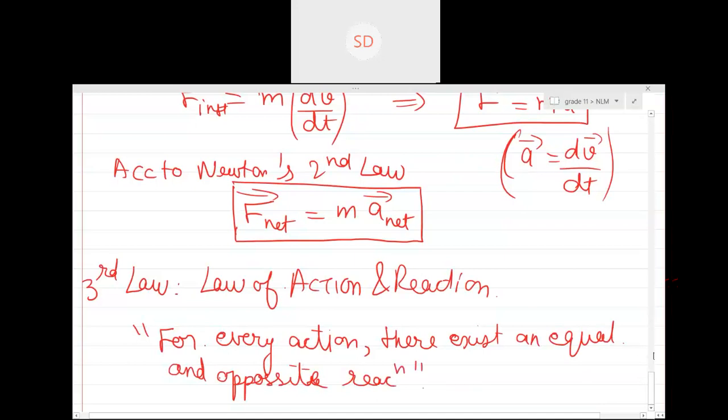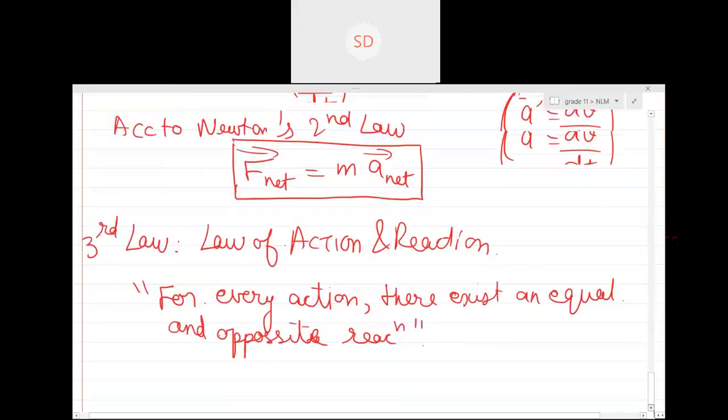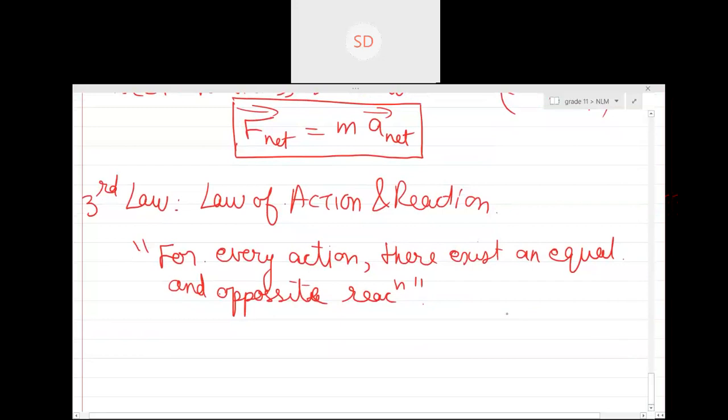For every action there is an equal and opposite reaction. Please remember, force always acts in pairs. Force always acts in pairs.